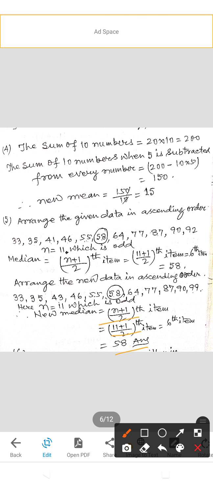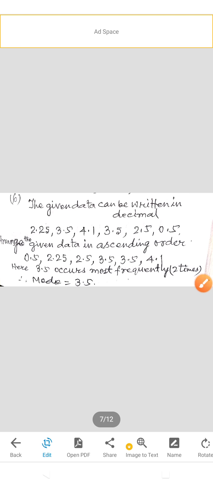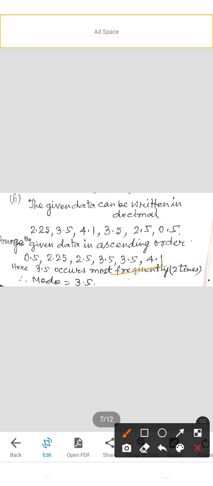Question number 6. Find the mode of 2 and 1 by 4, 3.5, 4.1, 3 and 1 by 2, 2 and 1 by 2, 0.5. The given data can be written in decimal form. 2 and 1 by 4 can be written as 2.25, 3.5, 4.1, and 3 and 1 by 2, that is 3.5, and 2 and 1 by 2 can be written as 2.5, 0.5.